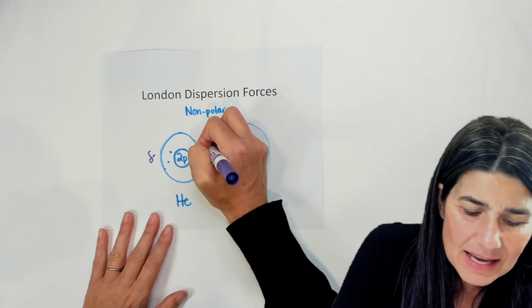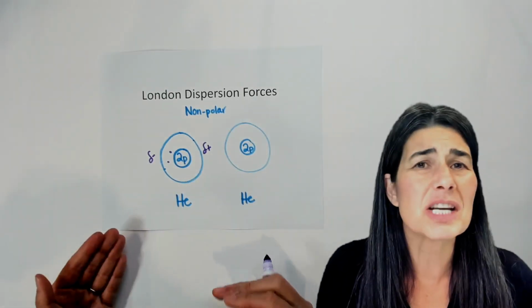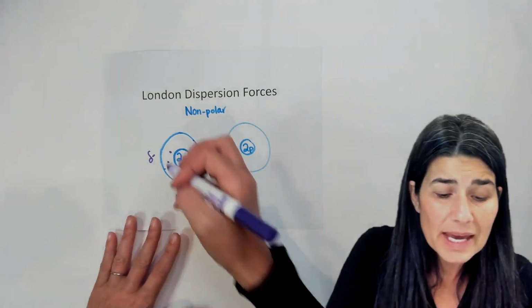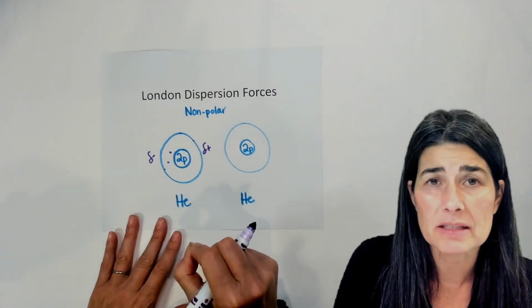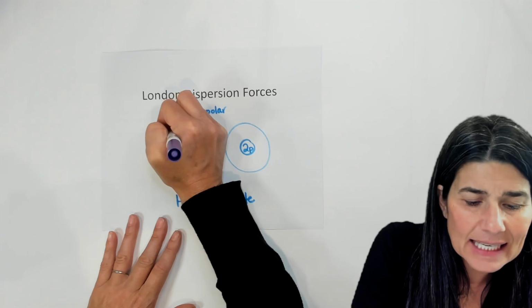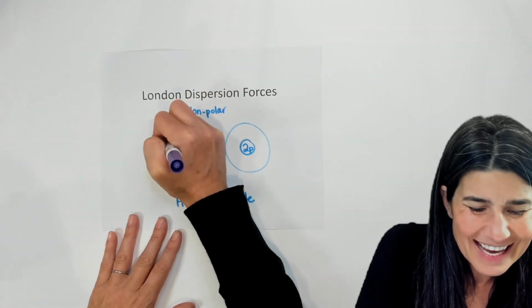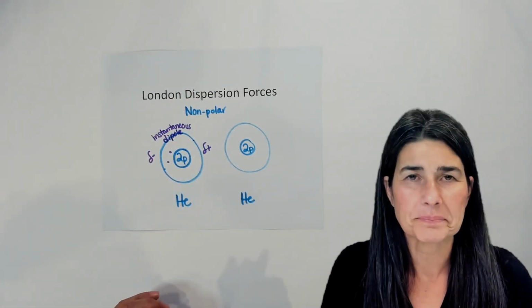And that's going to make this side of the atom a little bit positive, just because of chance, just because of probability. We have a dipole, 2 poles, for a moment. They're going to call that an instantaneous dipole. We have 2 poles for an instant.